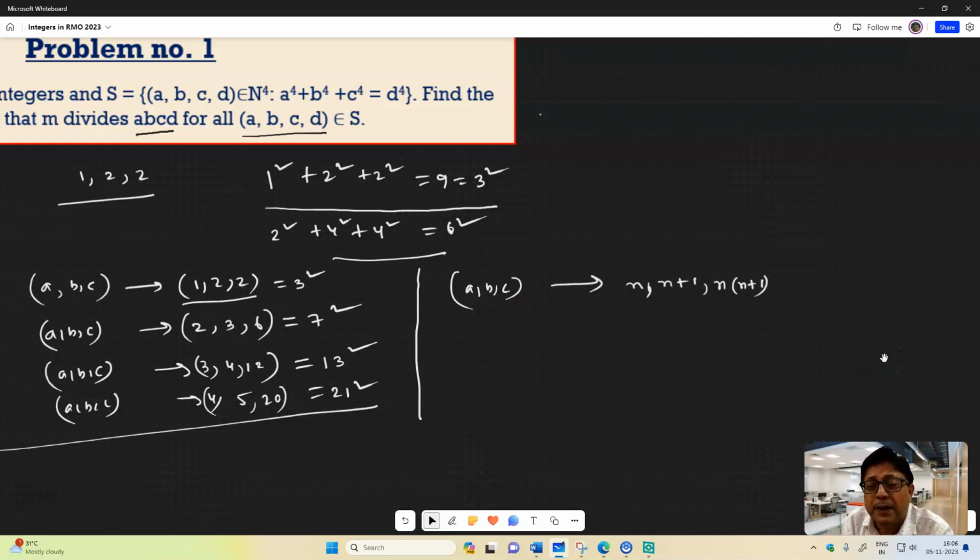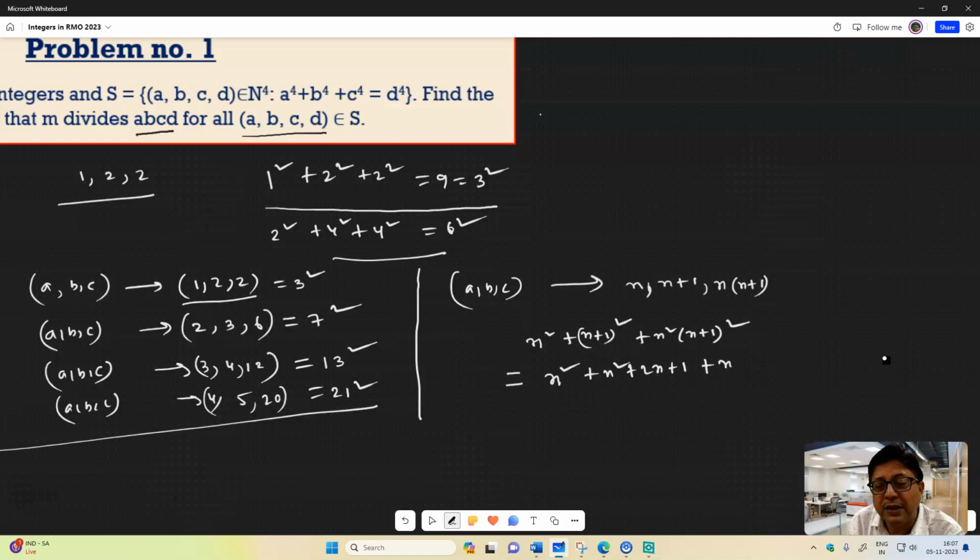Let us check. If we find A square plus B square plus C square, then what do you get? You will get it in this form: n square plus n square 2n plus 1, n square 2n plus 1. This is going to be n4 plus 2n cube plus 3n square plus 2n plus 1.